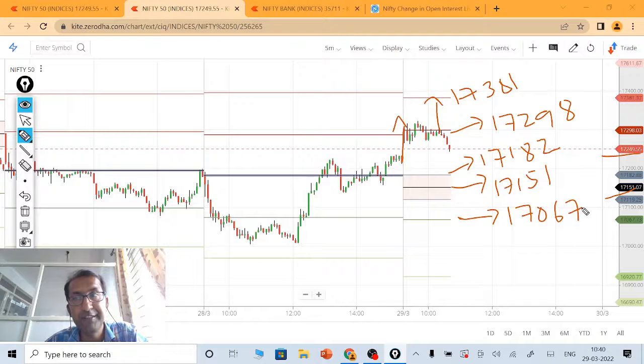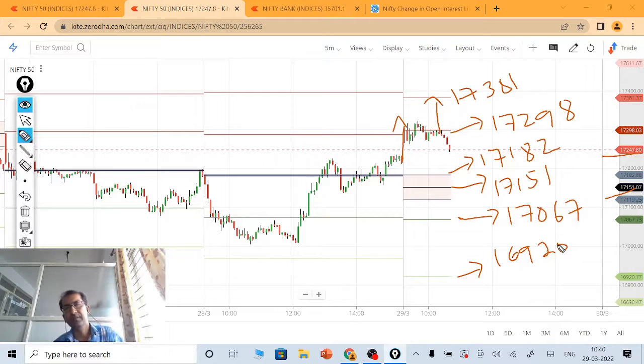But if Nifty takes out 17,300, you can go for a target of 17,381. And the next support for Nifty is at around 16,920. So trade accordingly. On dips you can purchase.